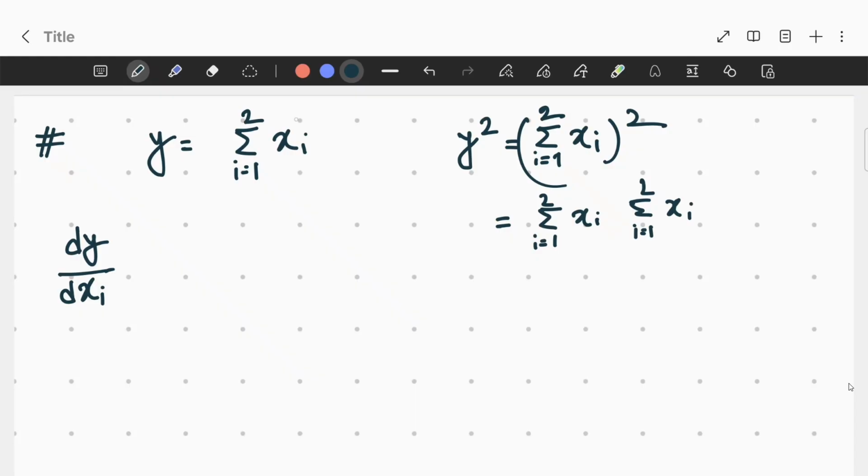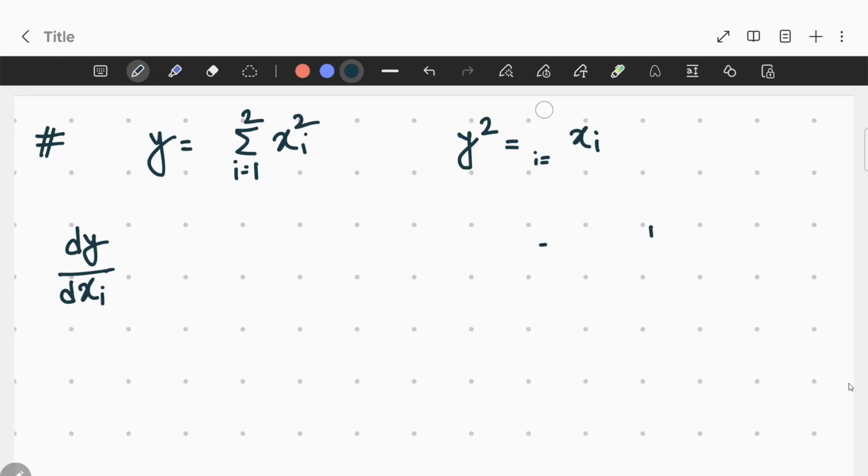For better understanding, let me do an exercise. What will be this derivative? 2xi. So it is the sum over this one, correct?